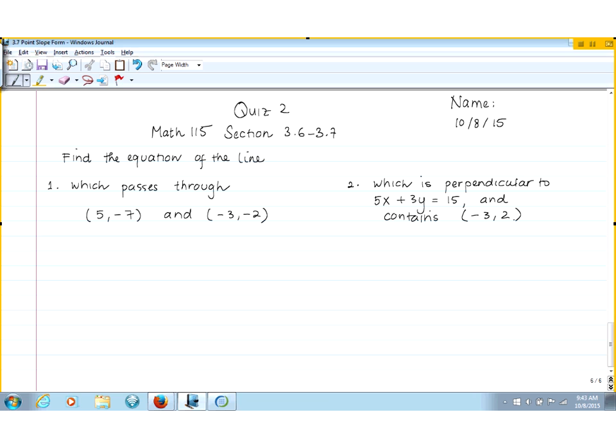So number 1, there's only one line, no parallel or perpendicular. Number 2, this is perpendicular. Okay, so 2 problems.